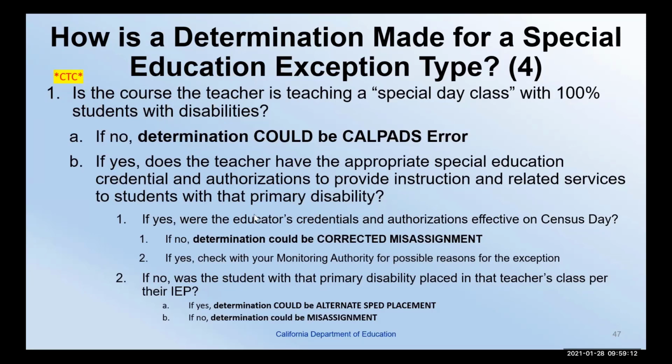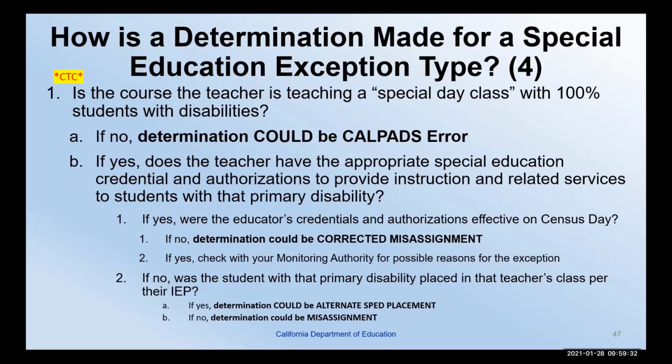If the educator did not hold an appropriate authorization for the student's primary disability area, then you may want to look into if the student was placed in the class on the basis of their IEP's direction. It's possible that this could be an alternate special education placement, or it could be a misassignment.